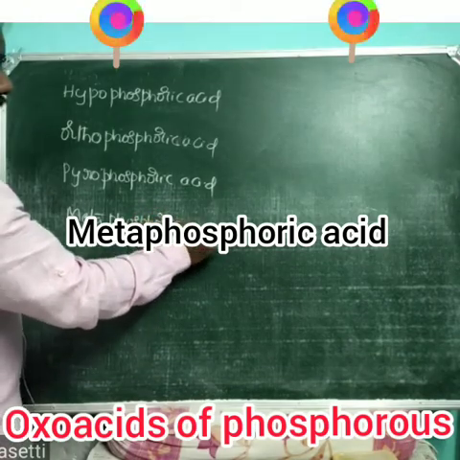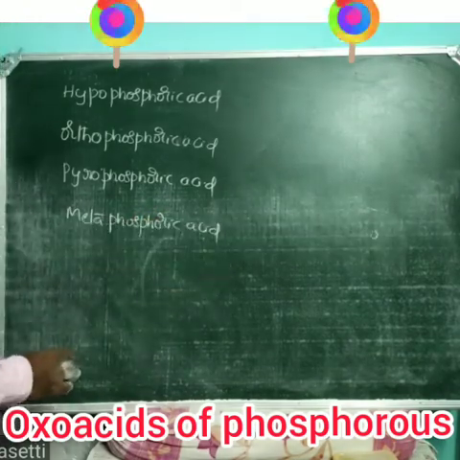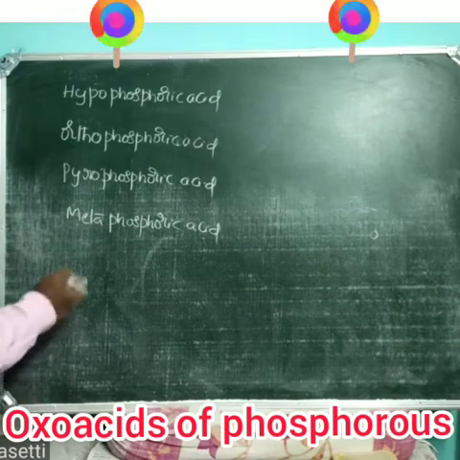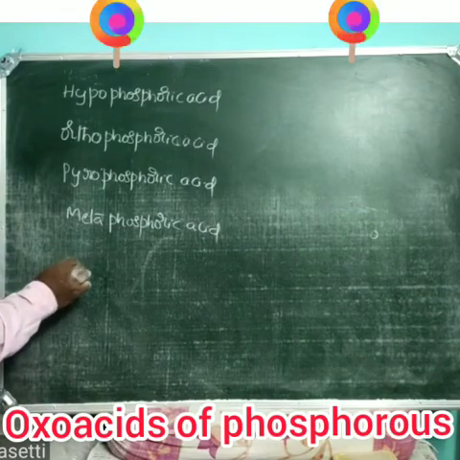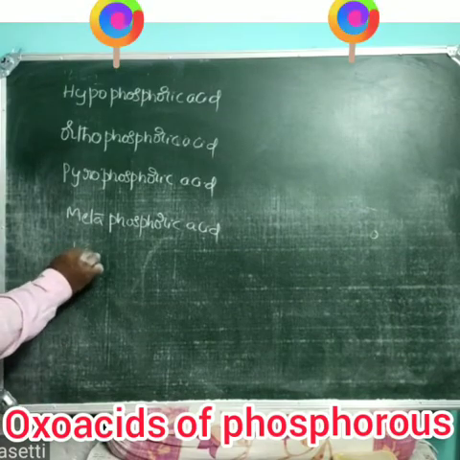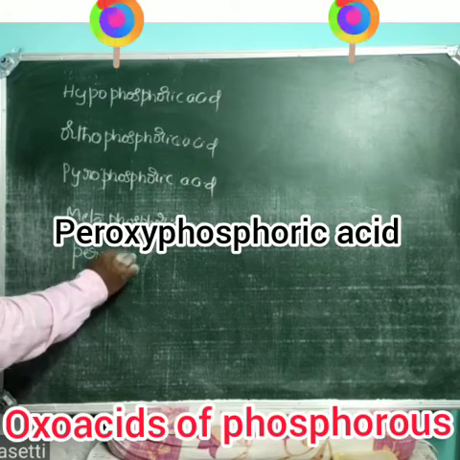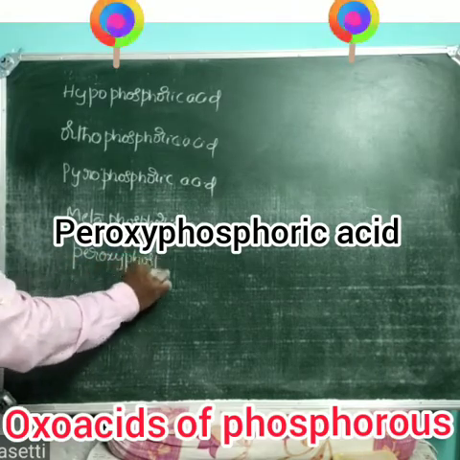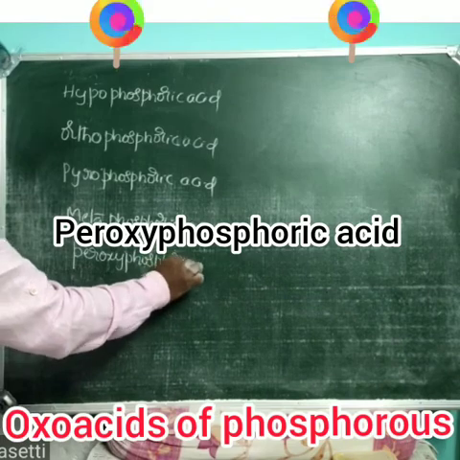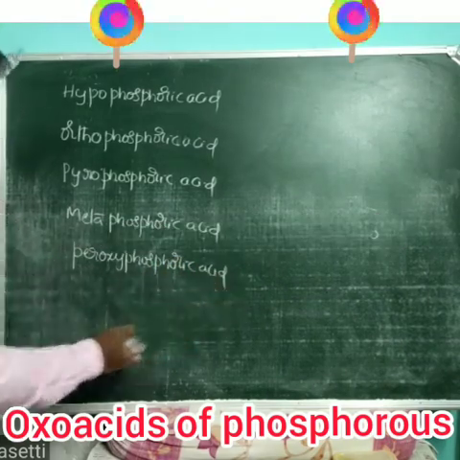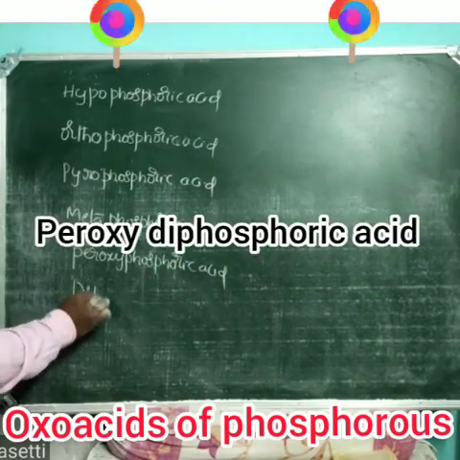Metaphosphoric acid. And two more oxy acids containing peroxy bond, that is peroxyphosphoric acid and peroxydiphosphoric acid.